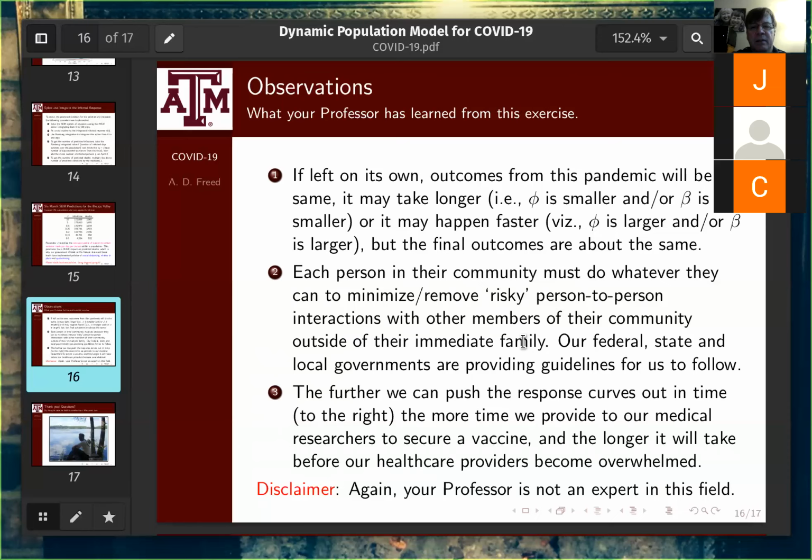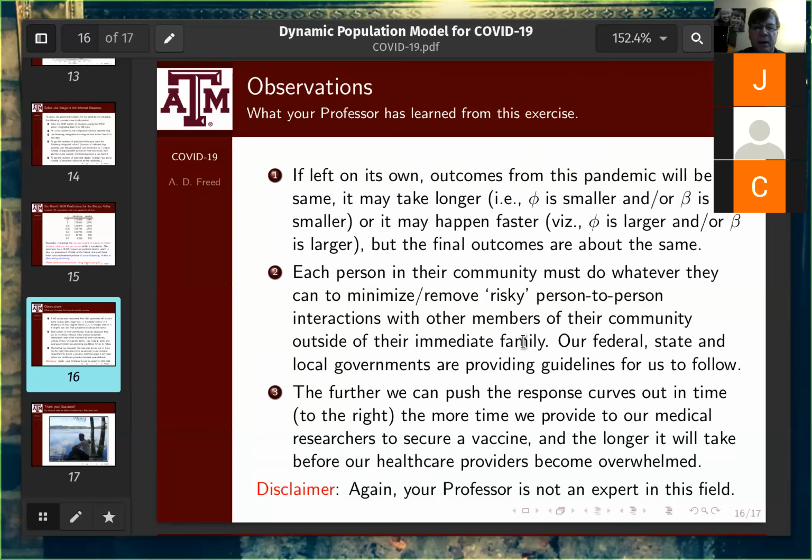So the thing that I kind of learned from this is it's really up to each person to try to do their best to adhere to the local government's guidelines, because the only thing that is in our control to try to help minimize this is our person-to-person interactions.